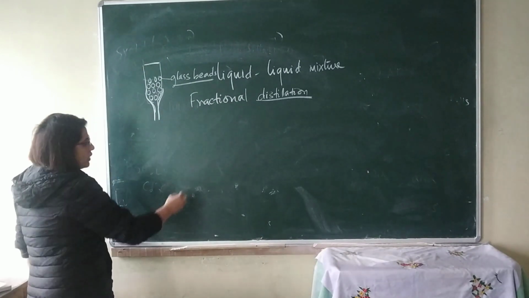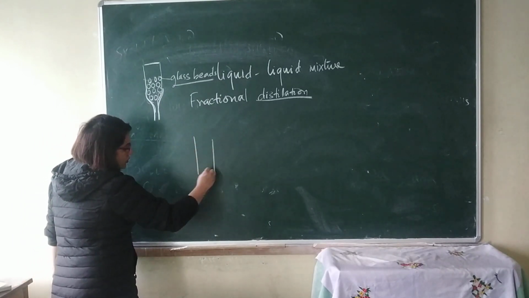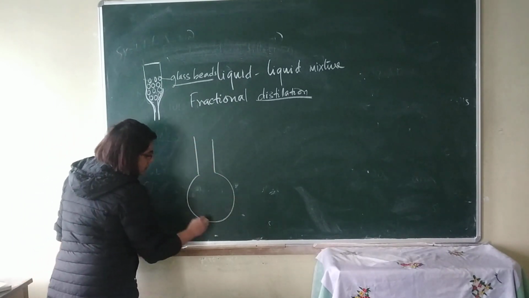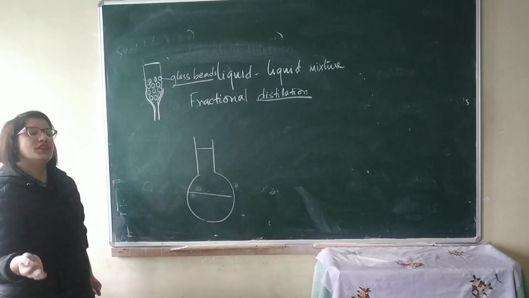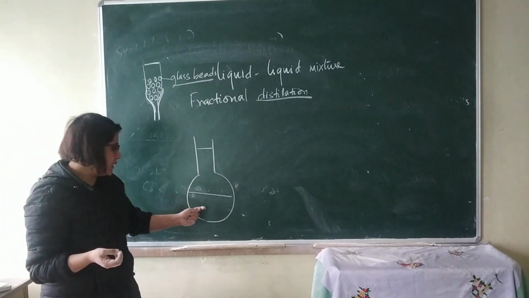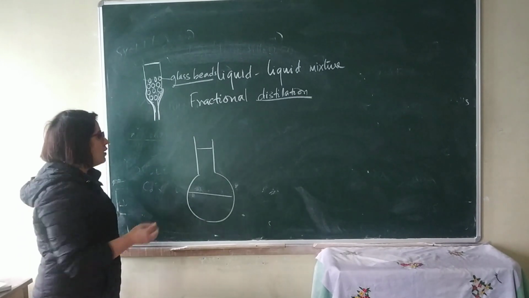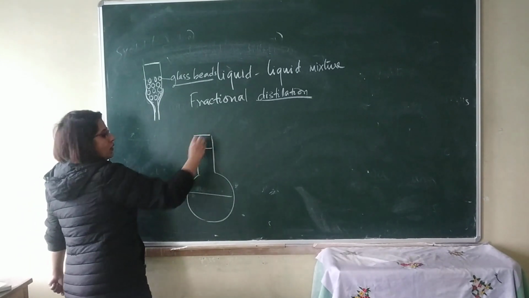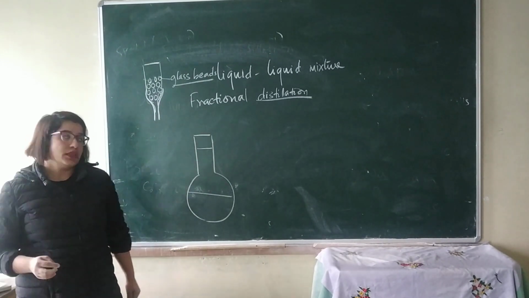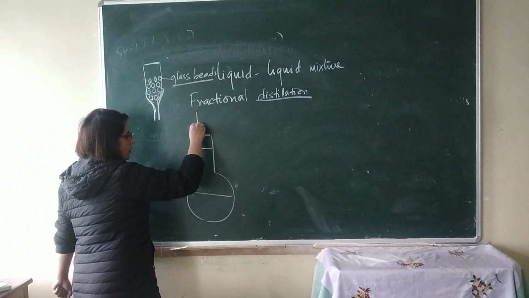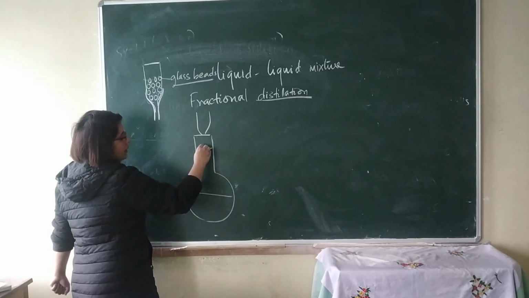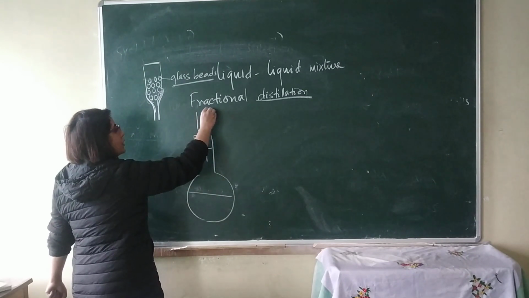Now, we take a distillation flask and, since we are talking about alcohol and water, fill it with a mixture of alcohol and water. Close it with a stopper. The stopper has one hole through which I can insert the fractional column.